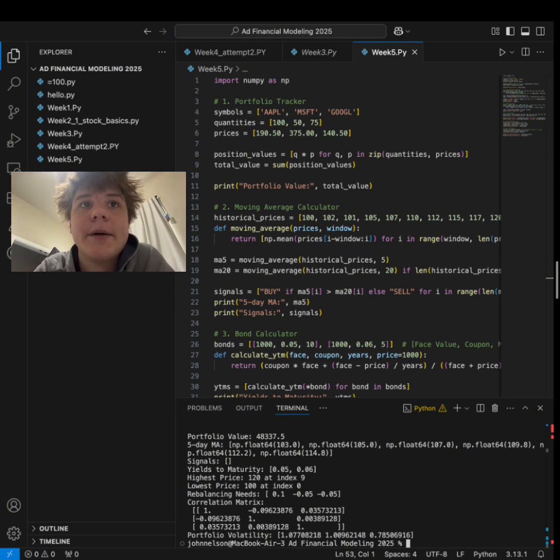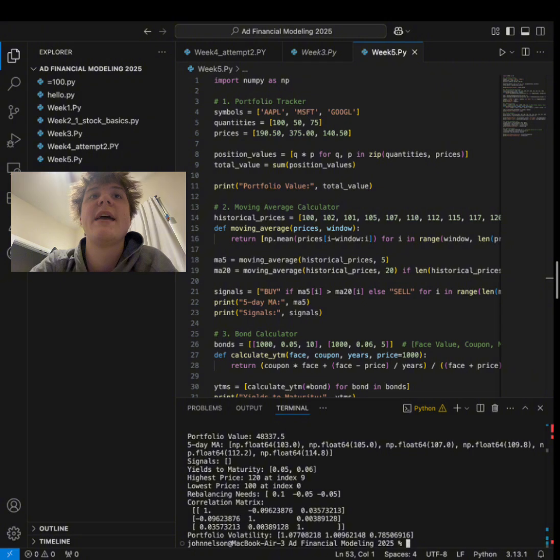Moving average calculator. That's on line 13. Historical prices equals the list 100, 102, 101, 105, 107, 110, 112, 115, 117, 120. And that is all for the historical values. Def moving average prices, window. Then we have return np.mean prices i minus window to i for i in range window to len prices plus 1.